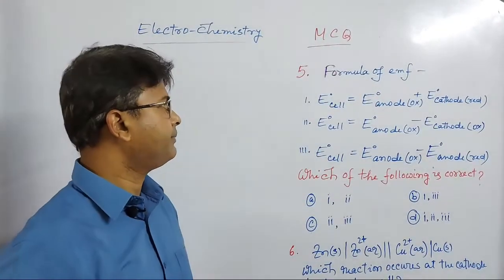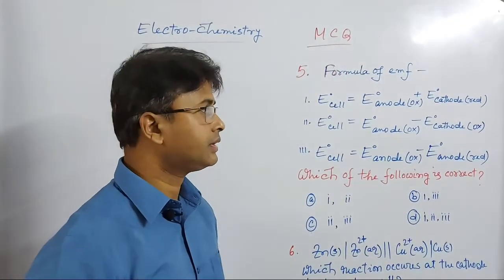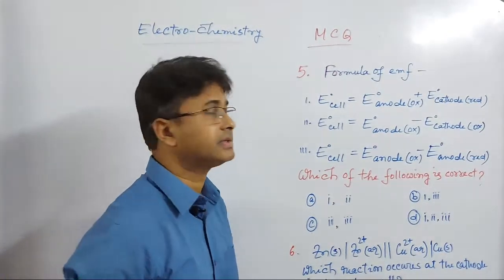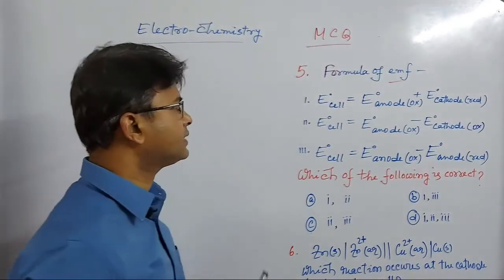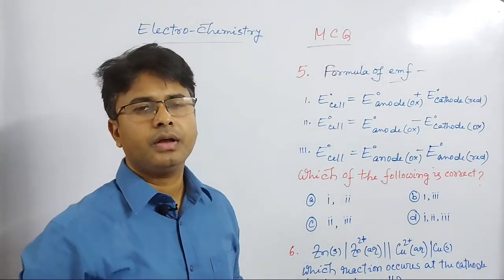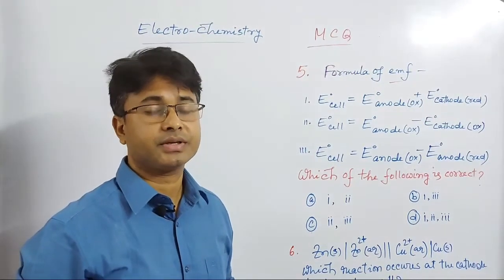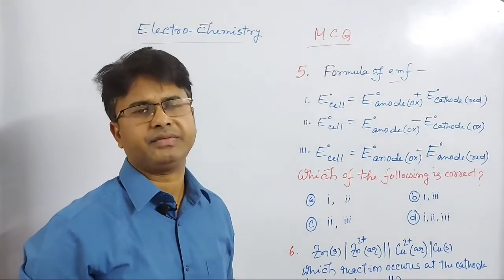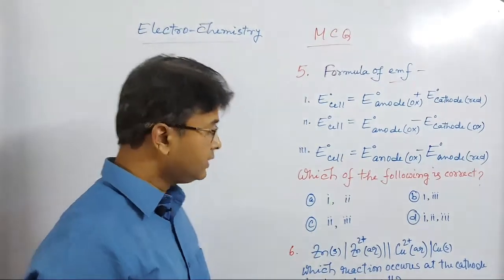Question number 5. Formula of EMF or equation of EMF. Dear students, first you have to know what is EMF. EMF means the sum of the oxidation potential of anode and reduction potential of cathode. EMF is also known as cell potential.